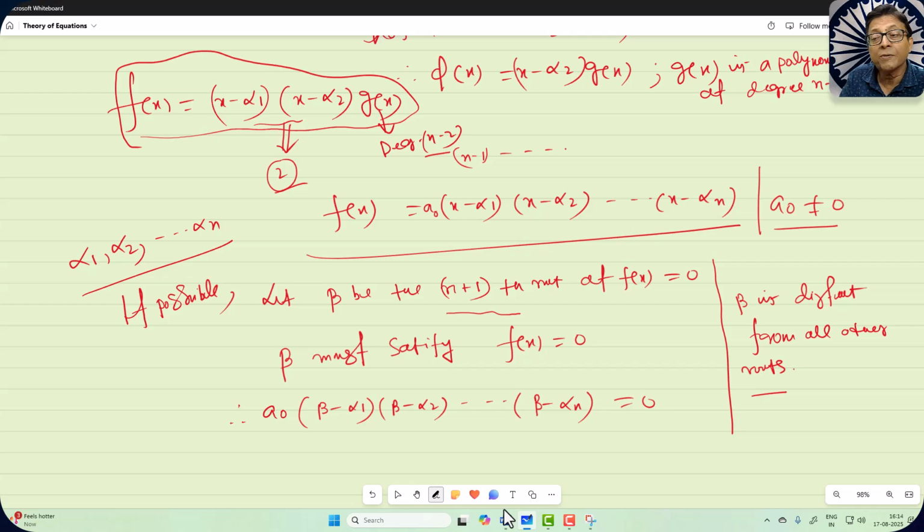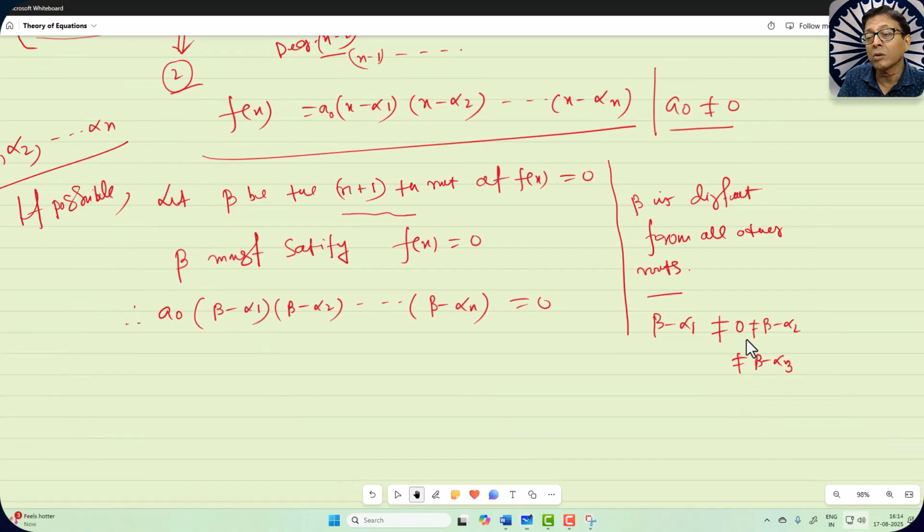So beta is different from all roots. So one thing is clear: beta minus alpha 1 is not equal to 0, beta minus alpha 2 is not equal to 0, beta minus alpha 3 is not equal to 0. None of them is going to be equal to 0. Beta minus alpha n is also not equal to 0. But you got this thing equal to 0.